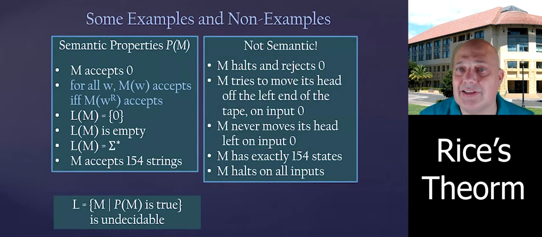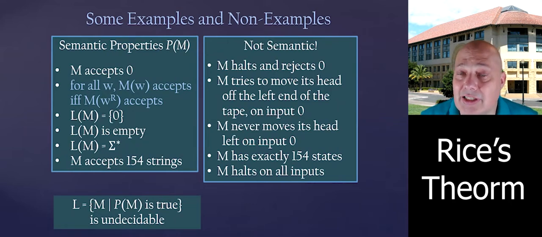Non-semantic properties: M halts and rejects 0. There could be two machines that recognize the same language, but for one, M halts and rejects 0, and for the other, M just runs forever, and therefore it doesn't accept 0.